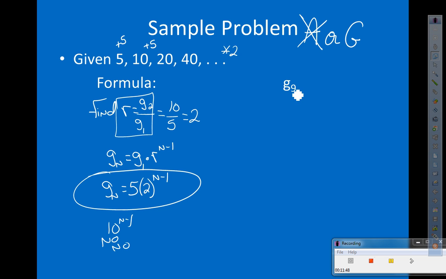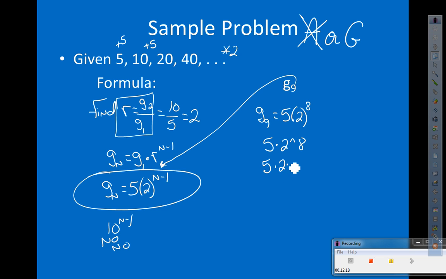Now to figure out the 9th term, here's what you'll type in. G sub 9 is going to be equal to 5 times 2 to the, plug a 9 right there, and do that in your head. 9 minus 1 is 8. You will now just type this in your calculator: 5 times 2 caret 8, or 5 times 2 y to the x 8.